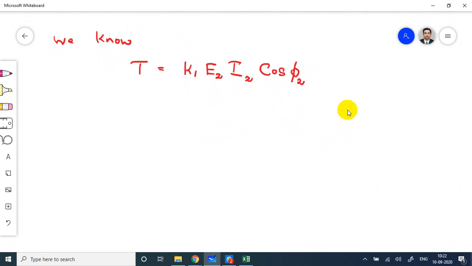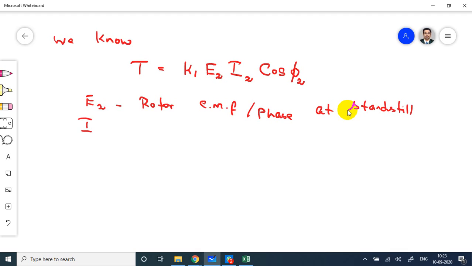What is the meaning of E2? E2 means rotor EMF per phase at standstill.